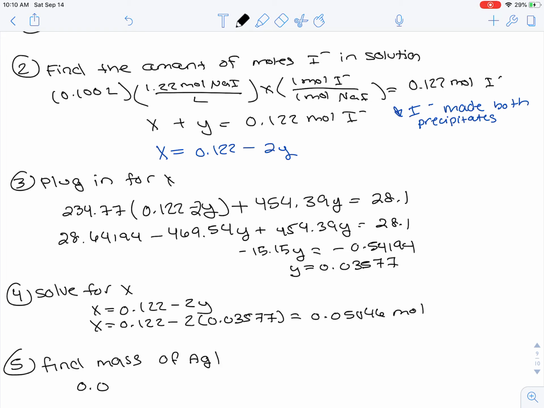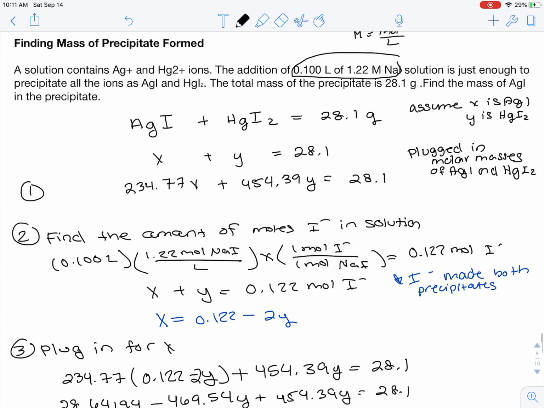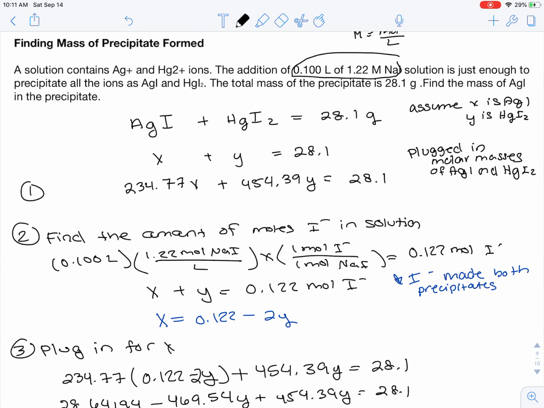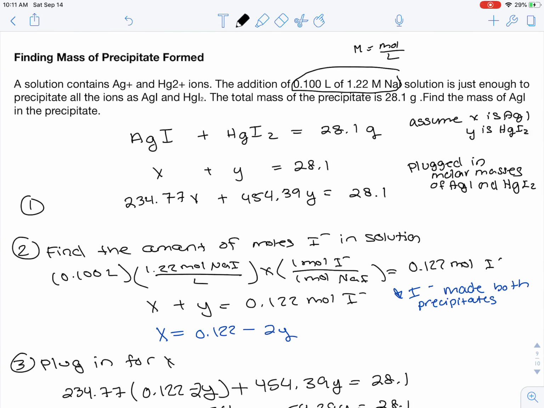Since we just found the moles, 0.05046 times the molar mass will then give you 11.846 grams. You want 3 significant figures if you go back to your problem, so therefore 11.8 grams of silver iodide was formed.